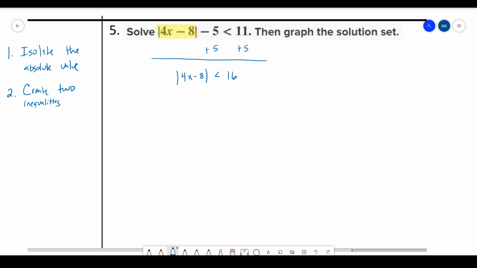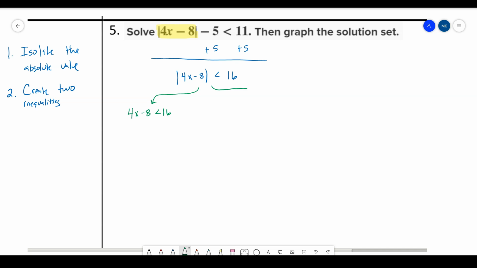So if you remember from the equations video, for the first inequality we're going to branch off and just write a simple inequality as we see it: 4x minus 8 less than 16. It's pretty much the exact same thing we wrote down above, except we got rid of the absolute value.